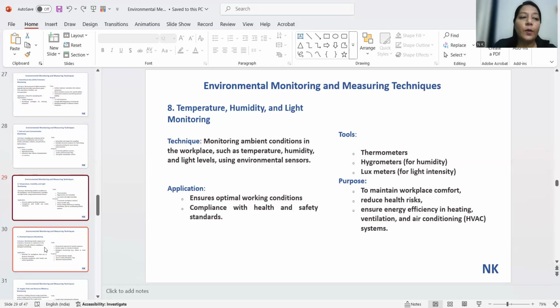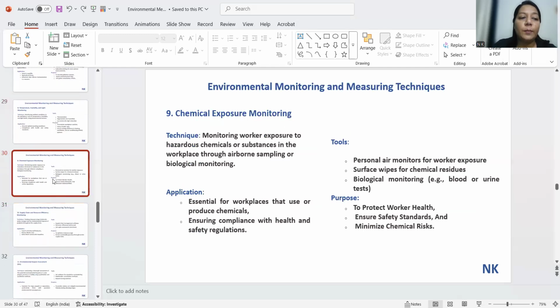Next point is chemical exposure monitoring. This technique is used to monitor worker exposure to hazardous chemicals or substances in the workplace through airborne sampling or biological monitoring. The application is essential for workplaces that use or produce chemicals, ensuring compliance with health and safety regulations.